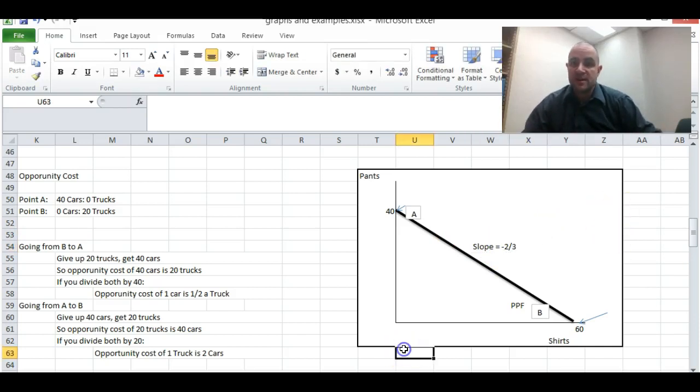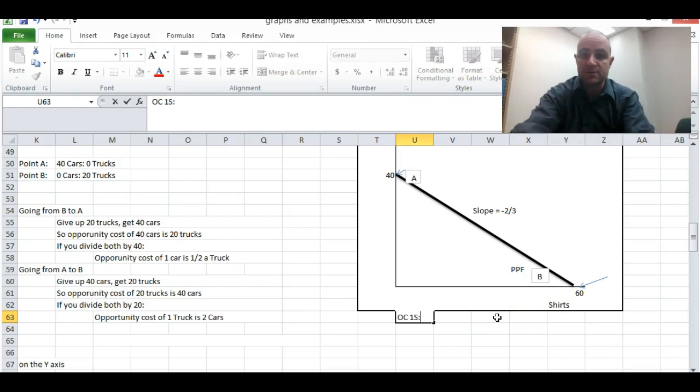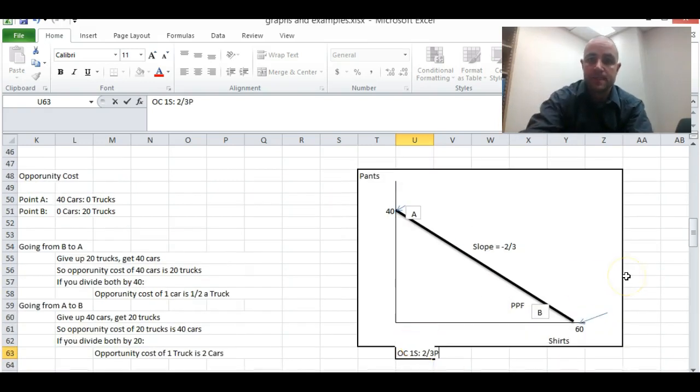So then we can find that the opportunity cost of 1 unit of what's on the x-axis, one shirt, is going to be 2/3 of a pant. And if you go with that same method, the opportunity cost of one pair of pants is going to be 3/2 of a shirt.